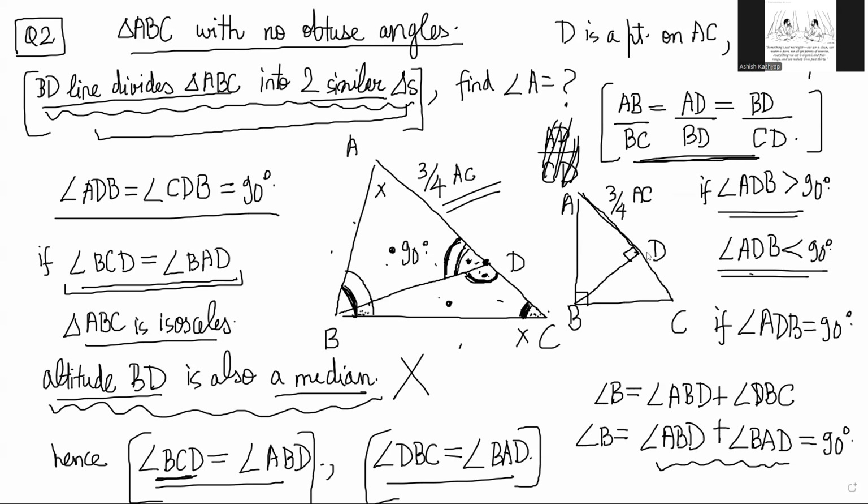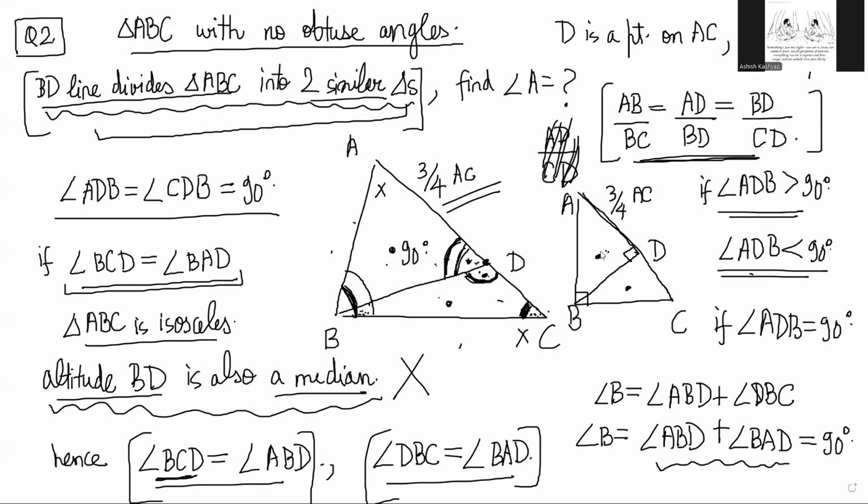Let's see. So AB by BC. Right now we have done similarity between these two. We can also do similarity of any one part of it with the big triangle, right? Do you understand what I'm saying right now?